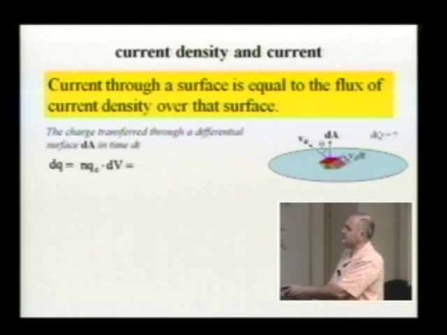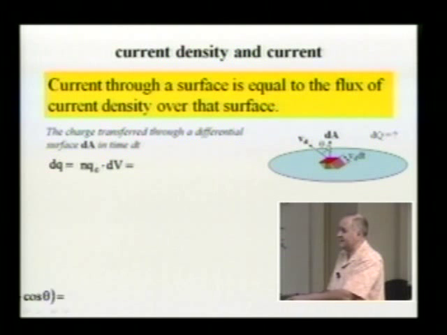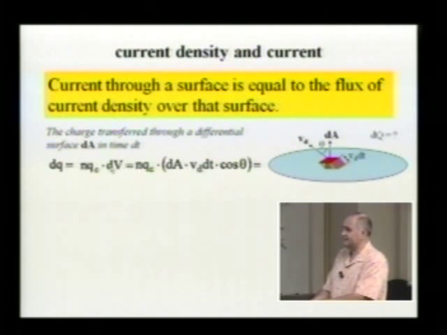Now, this is not a block, so the angle here is not 90 degrees, it is a slant angle. So we have to incorporate only a component perpendicular, so we have to multiply it by cosine of that angle theta in order to find the volume.